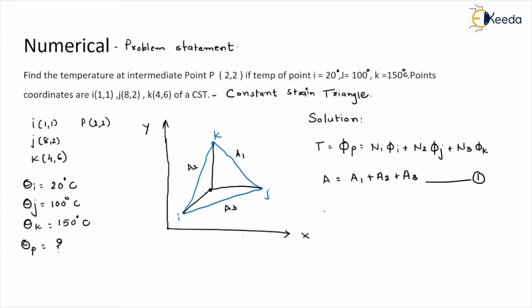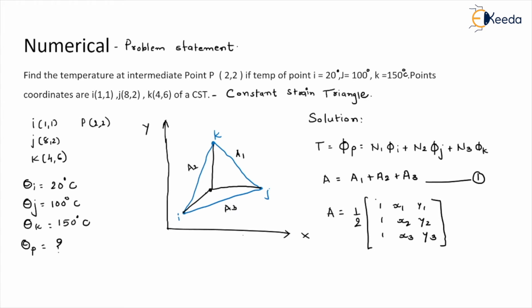Now the area of a triangle can be represented in matrix form via this equation. So 1 by 2, if we know the coordinates of these nodes, it would be the determinant of the matrix with rows 1 x1 y1, 1 x2 y2, and 1 x3 y3.